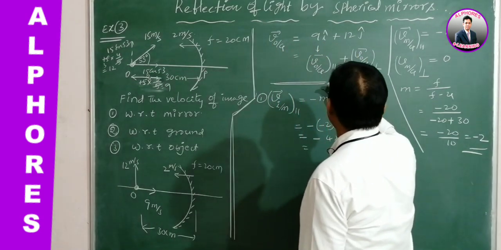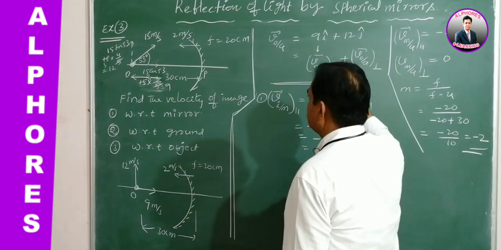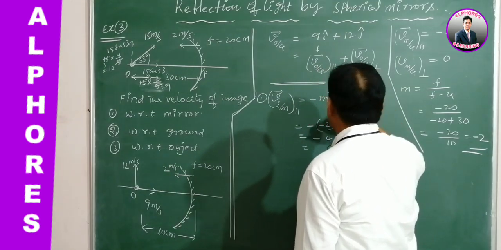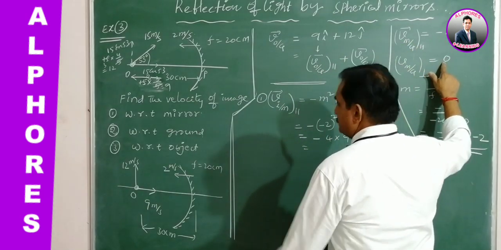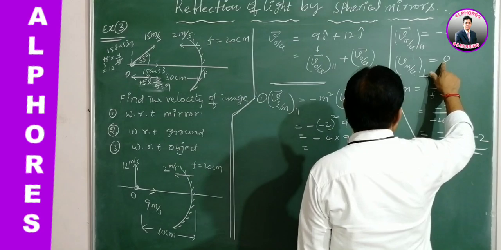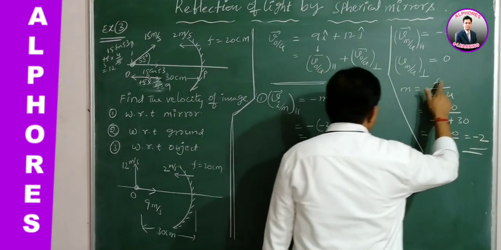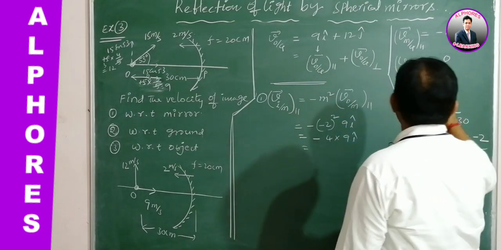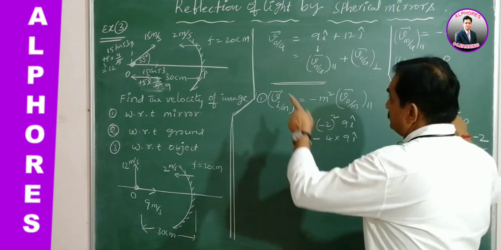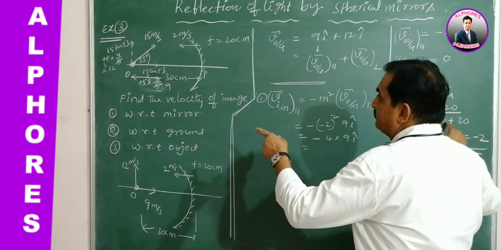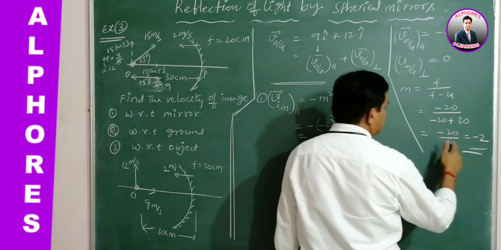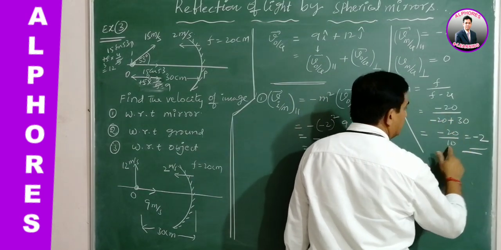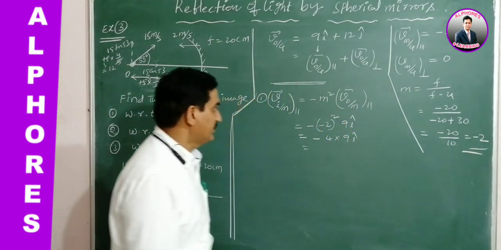So this is the horizontal x component, the parallel component, and this is the perpendicular component. For the mirror, the perpendicular component is 0; there is no velocity perpendicular to the principal axis. Magnification calculated f by f minus u, f is minus 20, minus 20 plus 30. After simplifying, minus 20 plus 10, this remains 10, and minus 2 is the magnification.